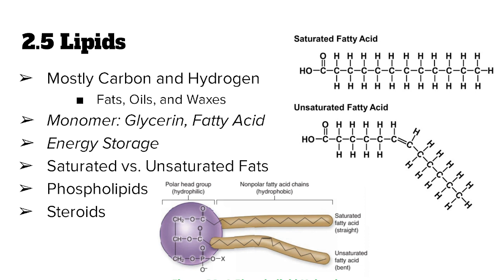You might remember from physical science that double bonds are a little shorter. And because those carbons don't have a balanced amount of hydrogens on both sides of them, it bends the molecule. So we get this bend. Right? That's an unsaturated fatty acid. It doesn't have as many hydrogens as it can hold, so we call it unsaturated.